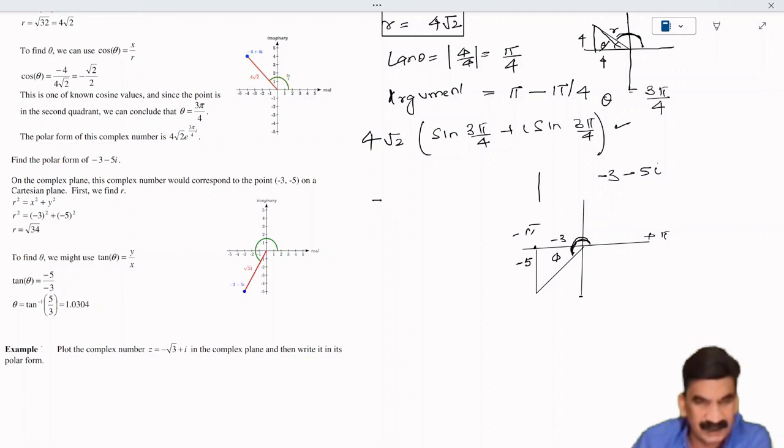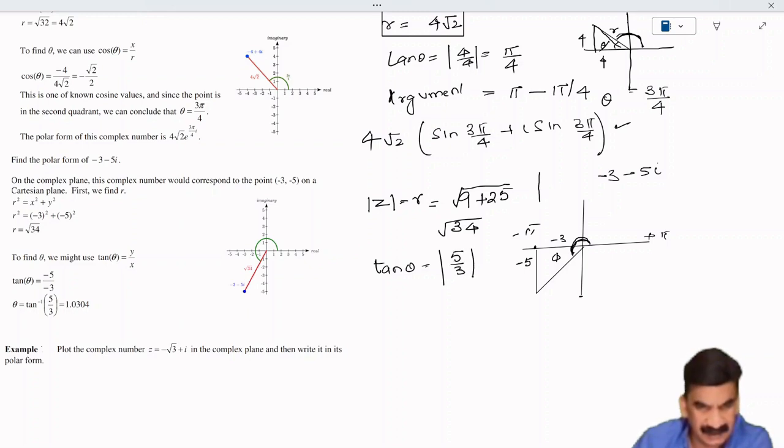So Z modulus, or R, or whatever you say, will be 3 squared is 9, 5 squared is 25. So 9 plus 25 is 34. How about tan theta? All right, let's see what tan theta is. So tan theta will be equal to modulus 5 by 3.